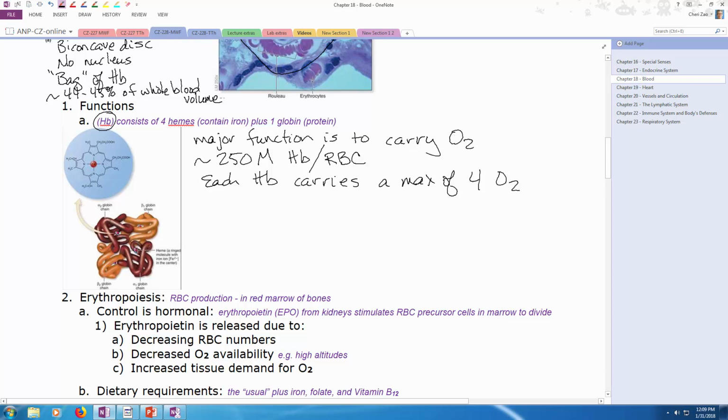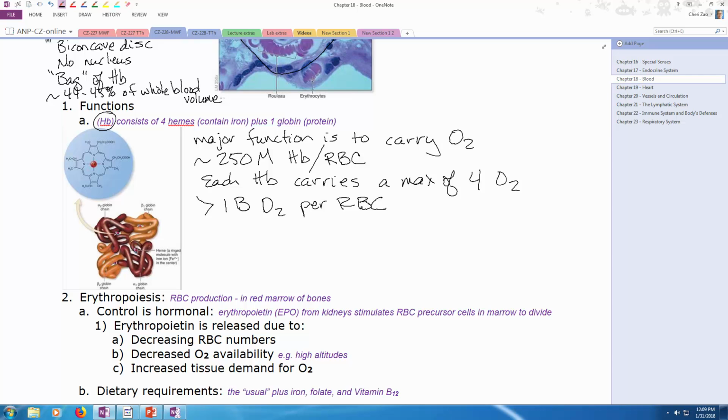So that means that we have greater than 1 billion oxygen molecules per RBC. So a lot of oxygen is being carried by just one red blood cell.